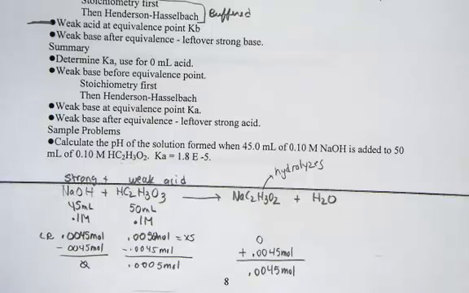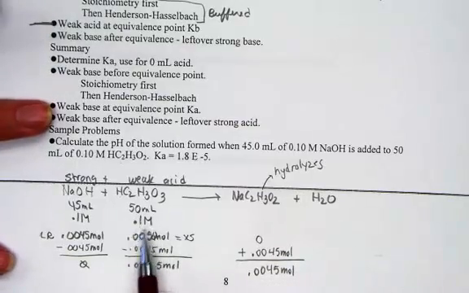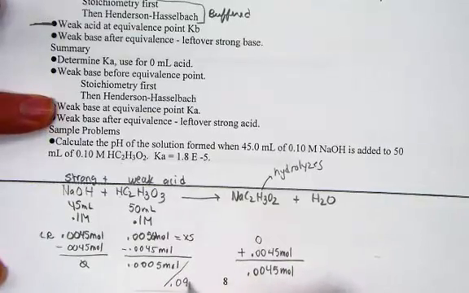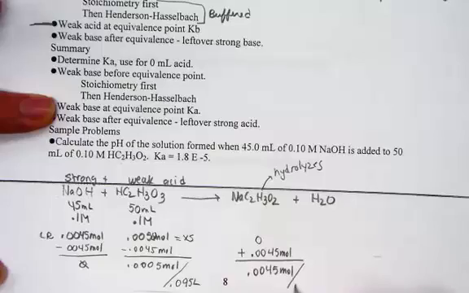Keep in mind what we're trying to pull out is the molarity. The molarity is used in the Henderson-Hasselbalch equation, and these are not equal amounts, so we'll have to consider that. We do an additive volume problem. If 45 mLs of base with 50 mLs of acid, the total volume is 0.095 liters for both.